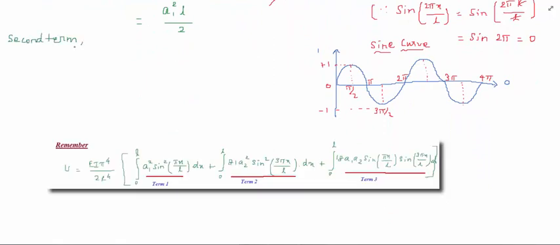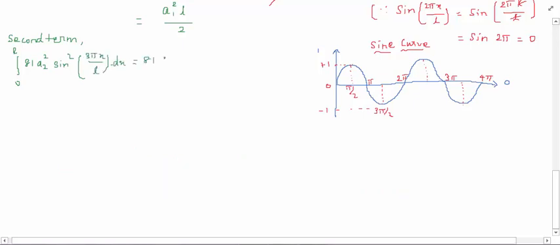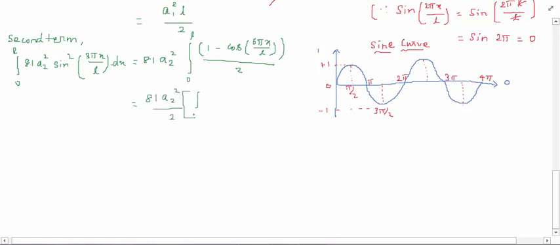Okay, so now we are taking the second term, 81 a2 square sin square of 3πx by L. Again similarly we can split this into 1 minus cos 2 theta divided by 2, right? So 1 minus cos of 6πx by L, divided by 2, and the 2 can be taken outside.